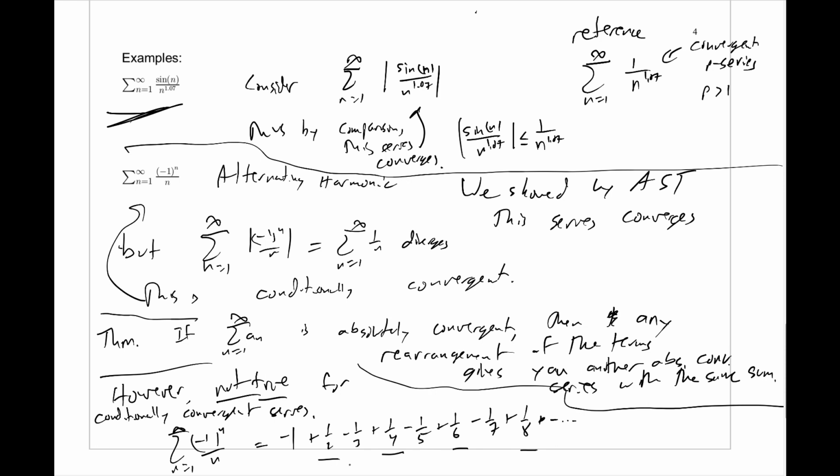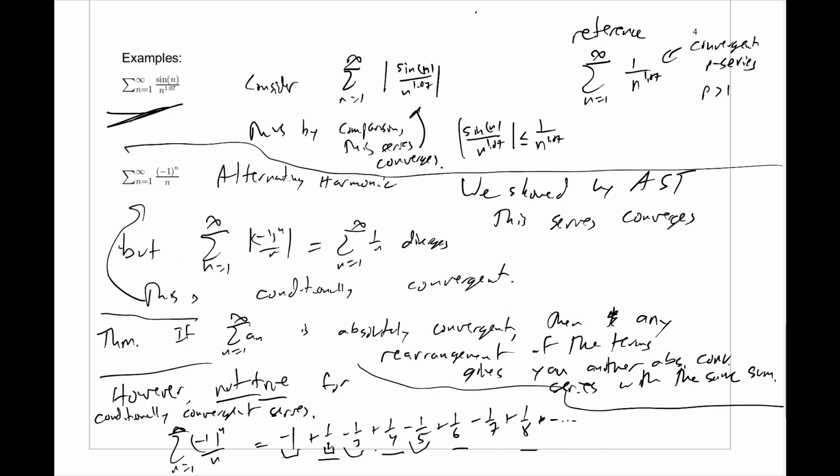So if I reorder the terms by adding up a whole bunch of odd ones first, take -1 plus -1/3 plus -1/5, and I keep going until I get the total sum to be less than, I don't know, less than -10. And then I add a single positive term. And then I keep going, taking more and more negative terms until I get back less than -10.